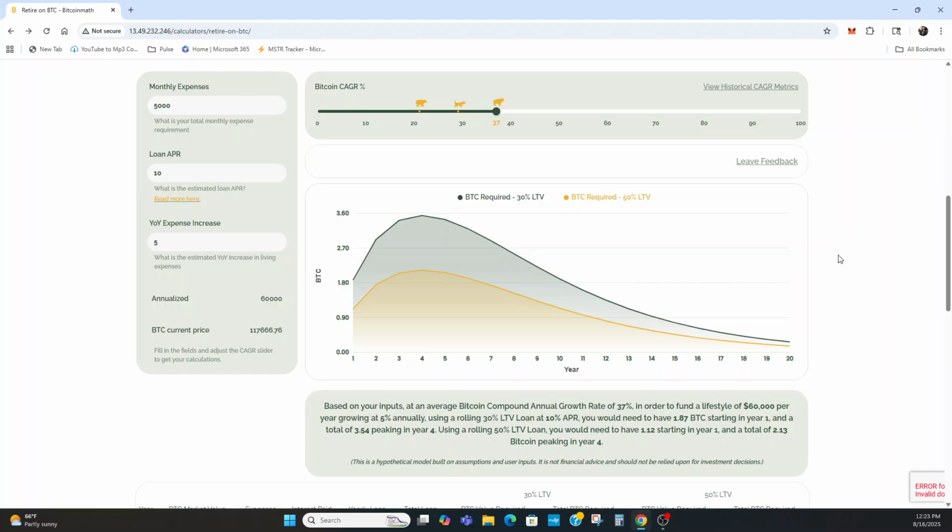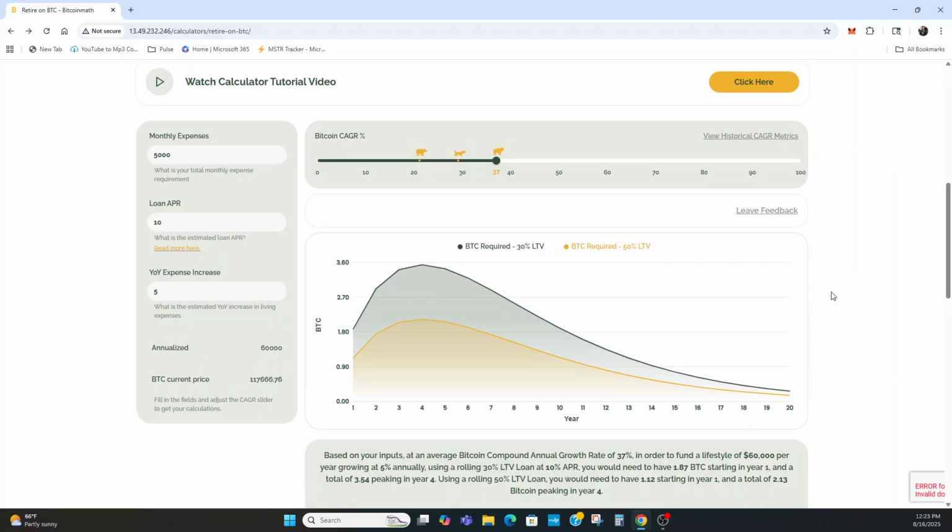But this does represent a directional model and a directional set of metrics and data that you can use to formulate a broader strategy or a broader set of ideas that you can bring to your life if you really are thinking about how to retire on your Bitcoin, and some of the different metrics and mechanics and impacts over time, depending on how much Bitcoin you have or need, based on the amount you're paying for interest, based on what you think your annual expense growth looks like, and of course based on what you think the Bitcoin compound annual growth rate will be.